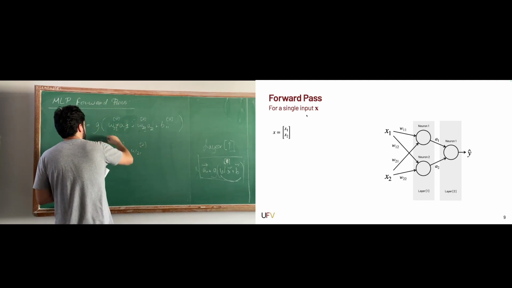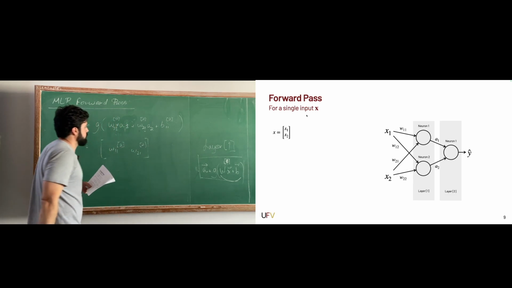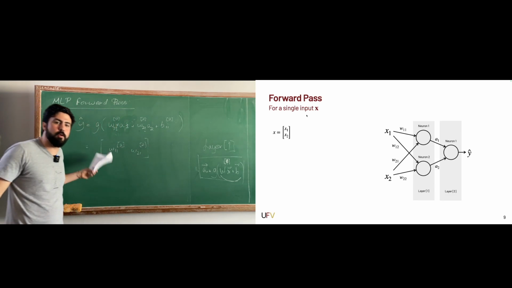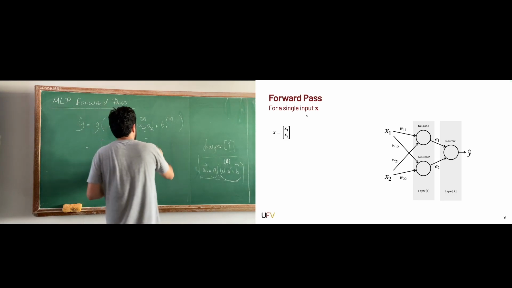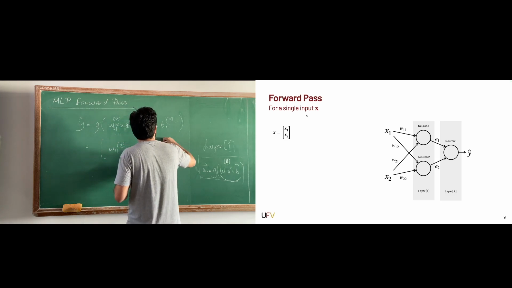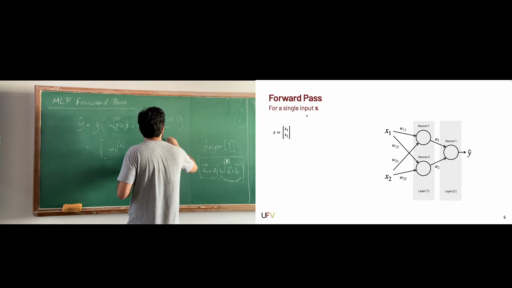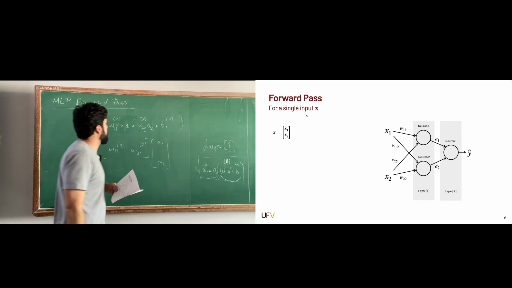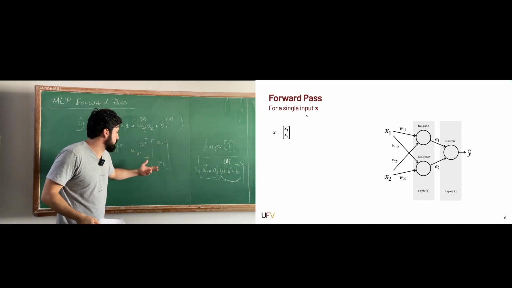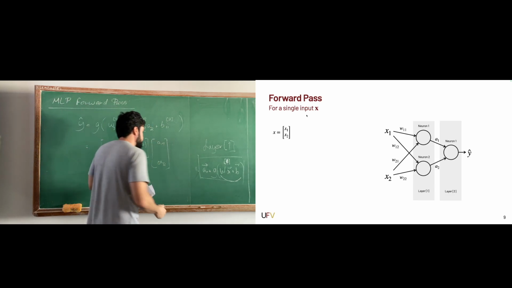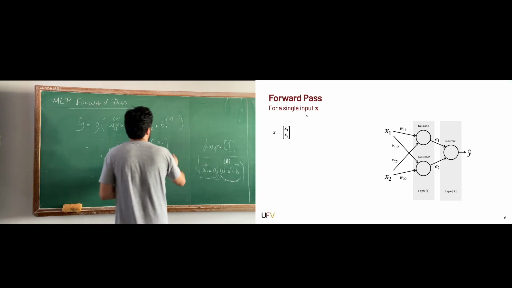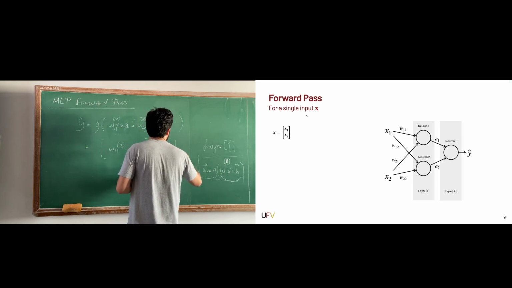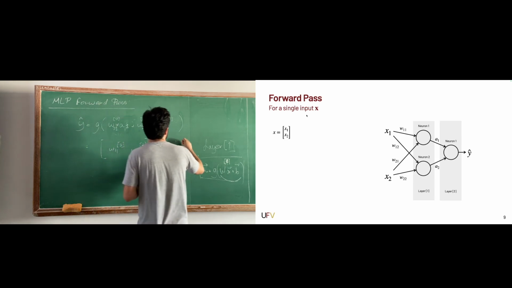And this is just a row vector, or a row matrix, sorry, which is a vector, but we can think of this as a row matrix. And the activations can be written in a column vector like this, and then we can sum again B1.